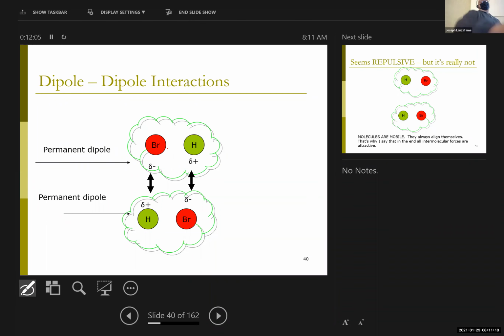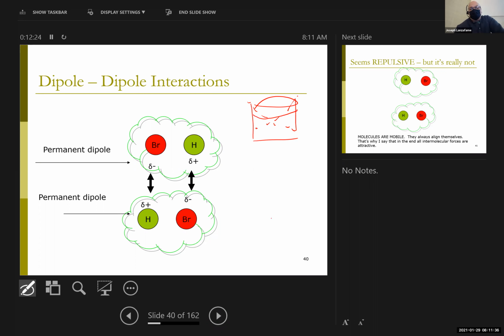And so, if you like my metaphor, here it is again, right? A van der Waal interaction is like water sloshing in a bucket. And so sometimes it's up on the left and sometimes it's up on the right. And that's my instantaneous dipole.